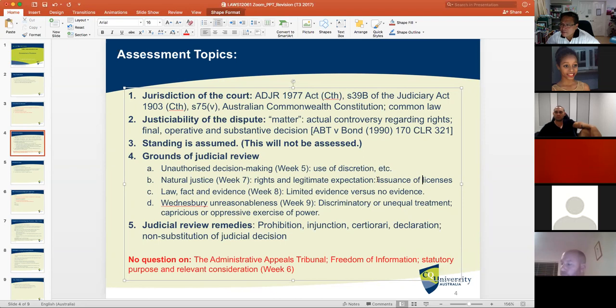Now, for Mira, this is a privative clause, right? Yeah, in a sense, you're right. So a privative clause is a clause in a law which limits the power of judicial review. And there are various ways by which a privative clause can be written to control or limit the exercise of judicial review.